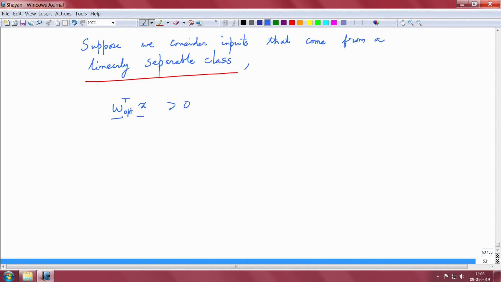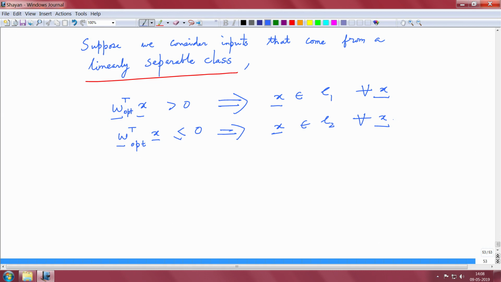So, there is some W optimal which we figure out, and if W optimal transpose X is greater than 0, this implies X belongs to C1 for all such X, and the other way around, if this inner product happens to be less than or equal to 0, then X belongs to class C2 for all such X whose dot product is negative or 0.